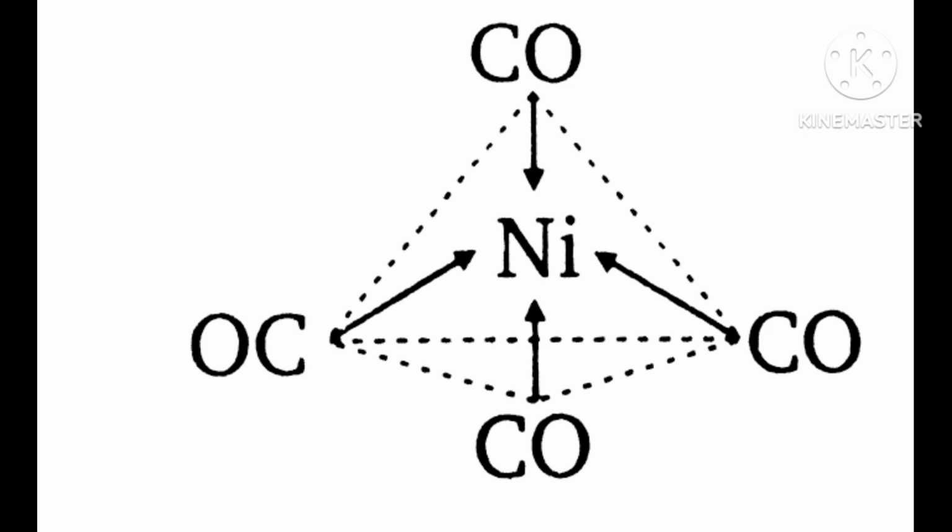And in the beginning I told you that the Mn are joined to each other in the same direction, 180 degree, with one CO on one Mn and one CO on the other Mn.